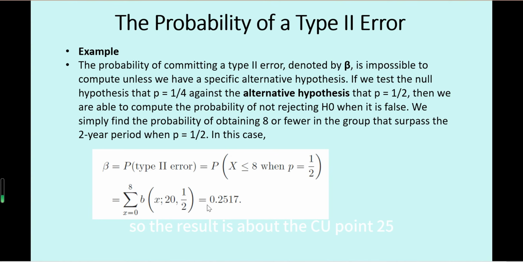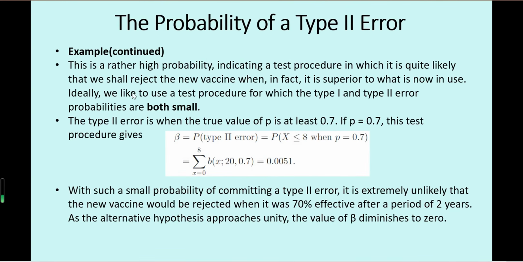The result is about 0.25. You can see 0.25 is quite a high probability, indicating a test procedure in which it is quite likely that we would reject the new vaccine when in fact it is superior to what is now in use.